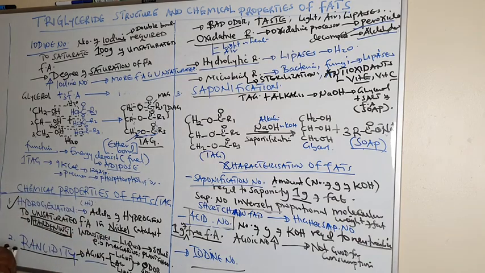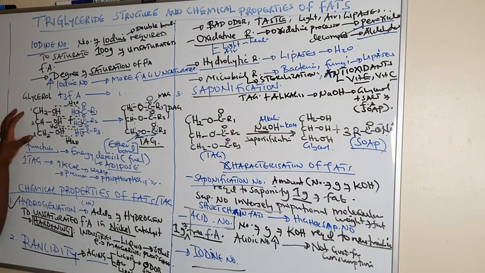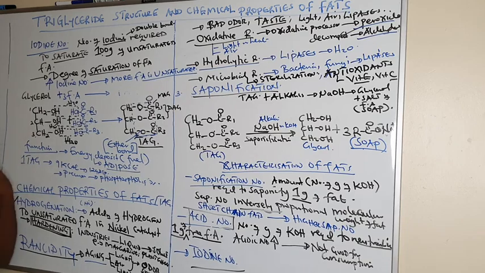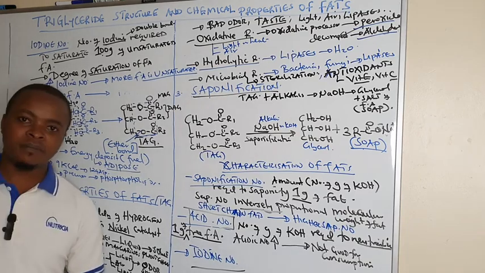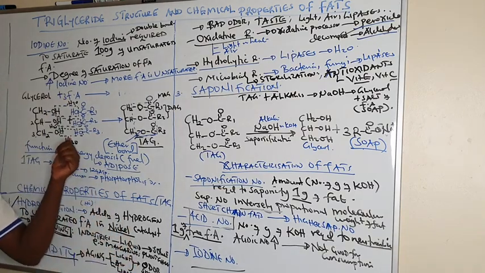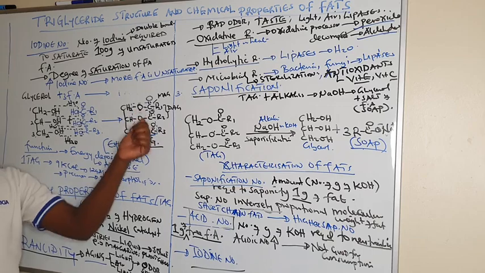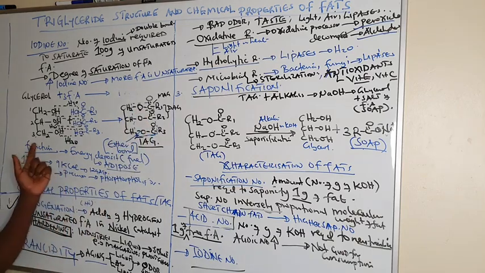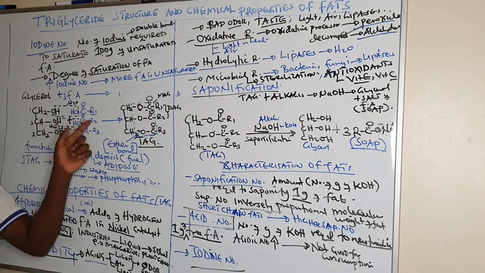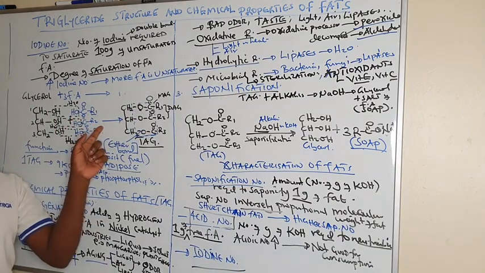So this is what we can discuss with you in this video, whereby we have looked at the structure of triglyceride. Please, as a student of biochemistry, you need to know how to draw the structure of triglyceride and how the ester bond is formed during reaction of glycerol with 3 free fatty acids.